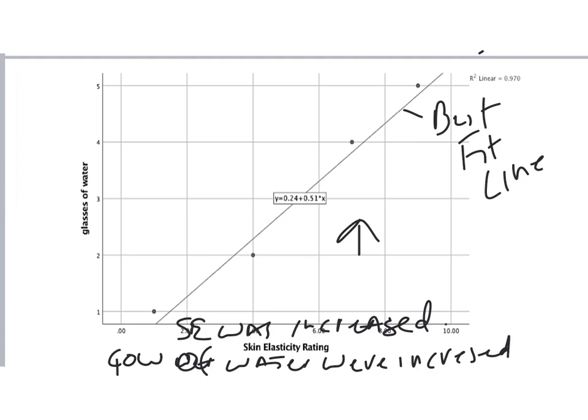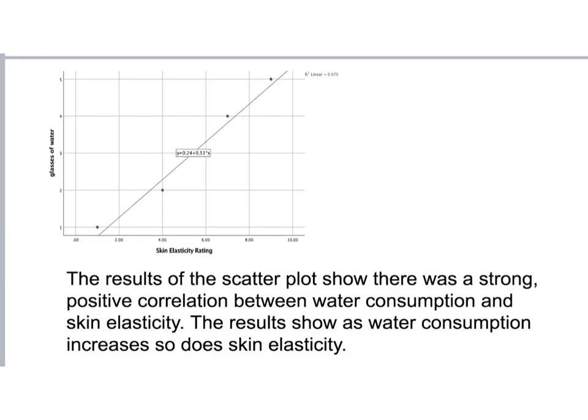Because it is in upward motion, it's a positive correlation, both go up. Increase, increase. If it went the other way, as skin elasticity increased, glasses of water decreased. It doesn't really work here, but just for example. The results of the scatter plot show there was a strong positive correlation between water consumption and skin elasticity. The result shows that as water consumption increases, so does skin elasticity. This is how you would write it up.